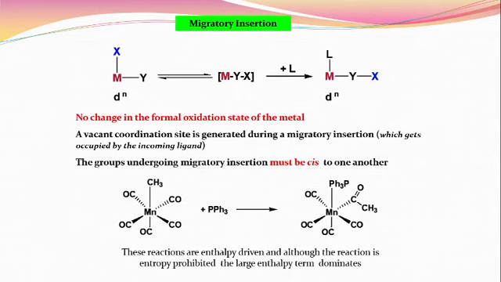What is migratory insertion? Consider this is our organometallic compound. There are two ligands attached to the central metal. Then what happens?